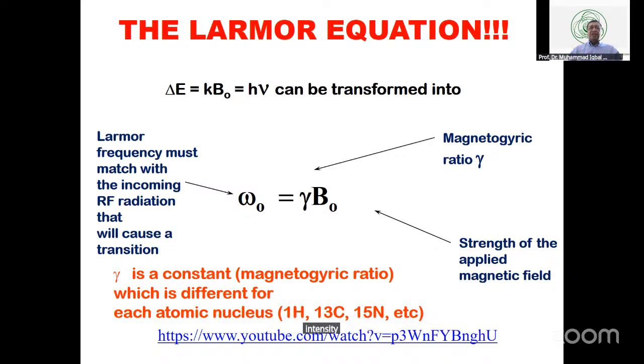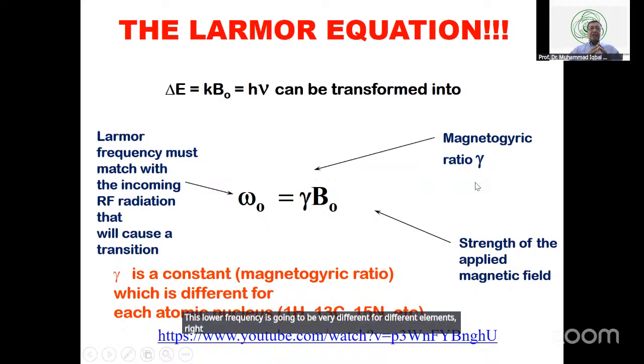Every metal would have a different reaction towards the magnetic field. So carbon, nitrogen, hydrogen, oxygen, phosphorus, sulfur, chlorine, bromine, they would have different magnetic gyric ratios. As a result, the Larmor frequency is going to be very different for different elements, right?